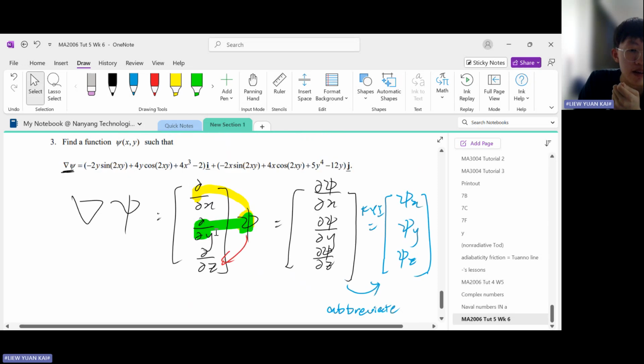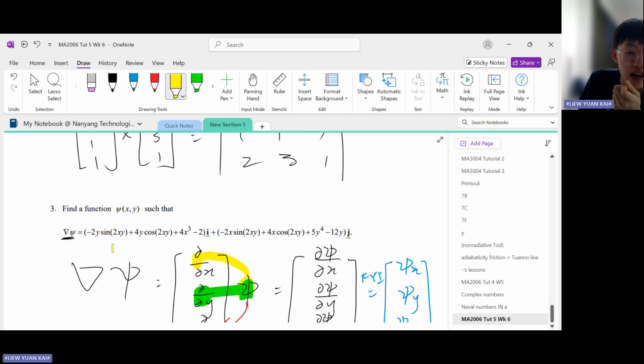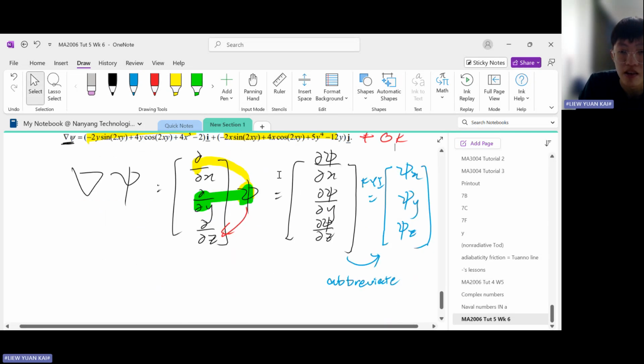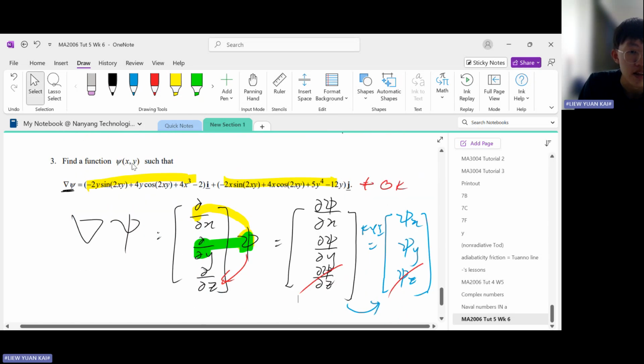So let's go back to here. Notice that we have an i component, a j component, but no k component. So the k component here is 0k. So we do not have to care about the partial derivative with respect to z, since there's no such entry here. We only need to focus on the first two entries. So what does it say? It says that nabla of psi is equal to this right-hand side.